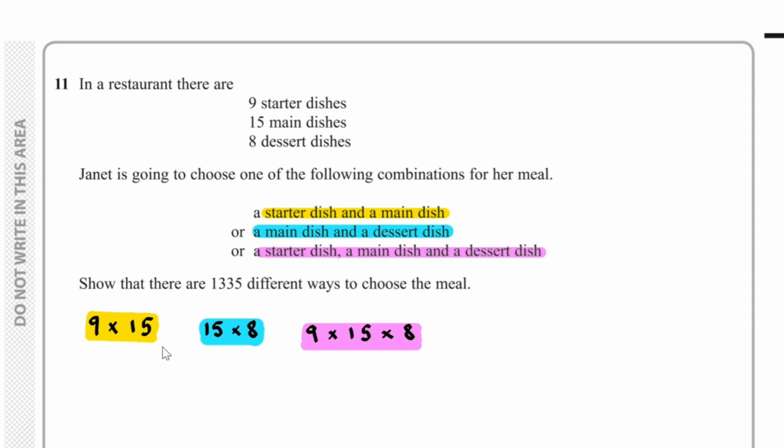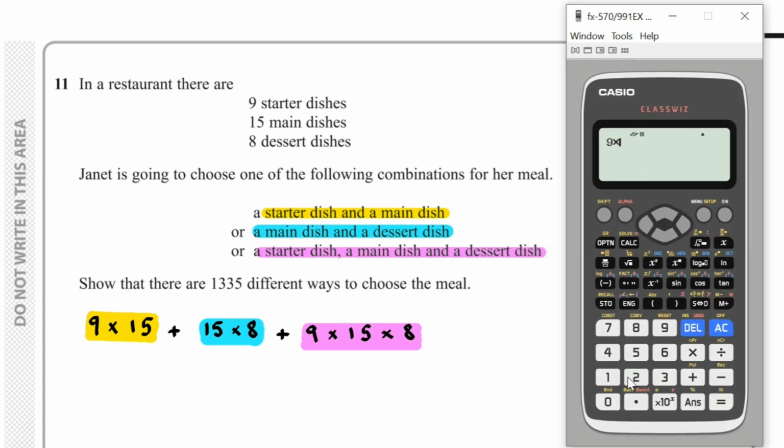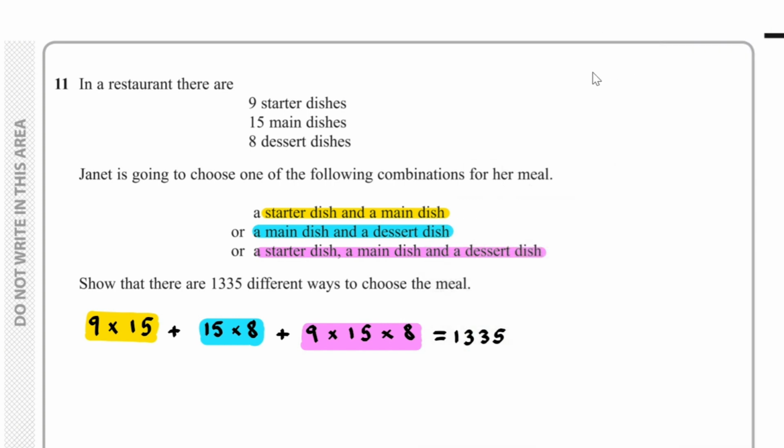So for the total number of combinations, we add these together. And so working this out, 9 times 15 plus 15 times 8 plus 9 times 15 times 8, that's equal to 1305. And that's exactly what we wanted to show.